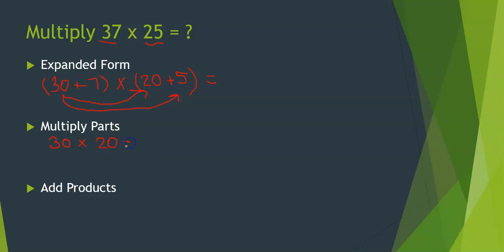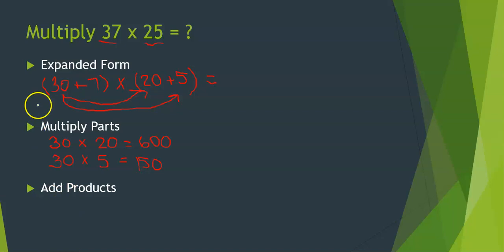And that's going to equal 600. Remember, I say 3 times 2 is 6. Now add my 2 zeros. Then I'm going to say, okay, now I have 30 times 5. That's going to become 3 times 5 is 15. Add my 0, so 30 times 5 is 150.